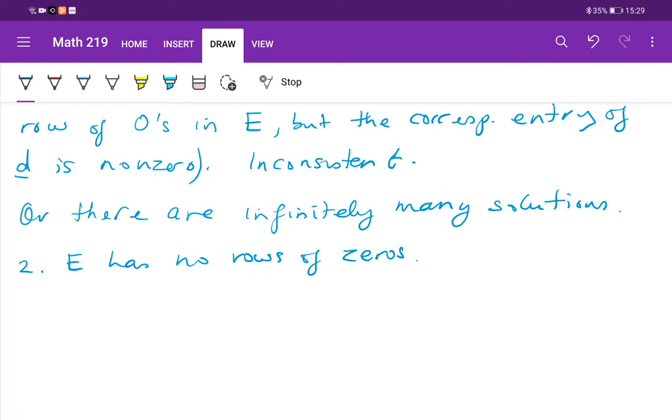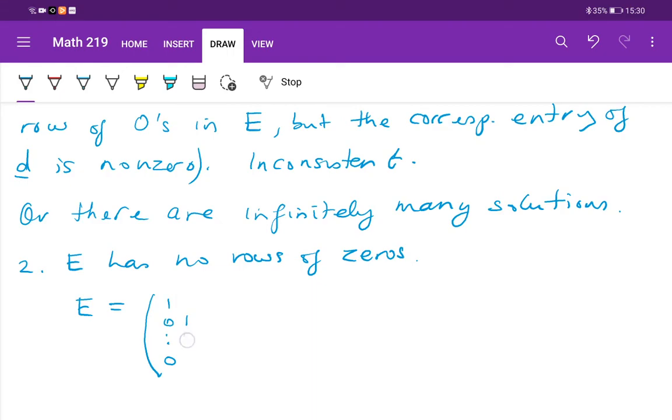And each non-zero row in a row echelon matrix must have a leading one. So there are exactly n leading ones, and they must be along the diagonal. There's no other choice, by the definition of row echelon matrices.